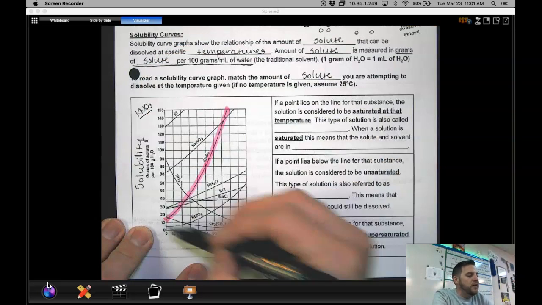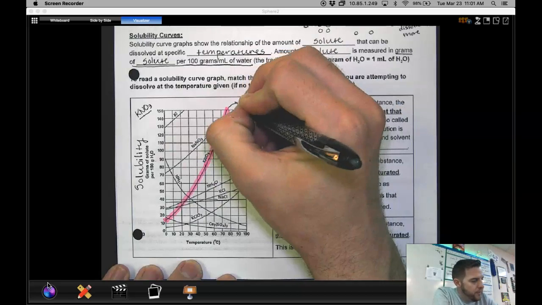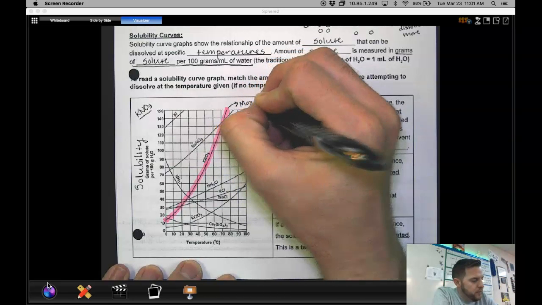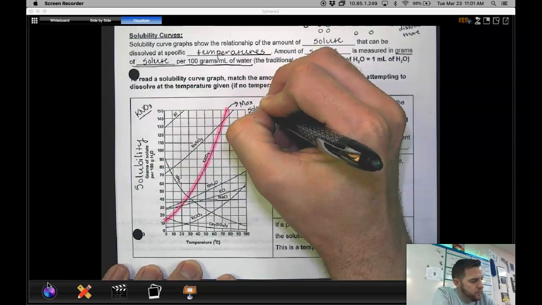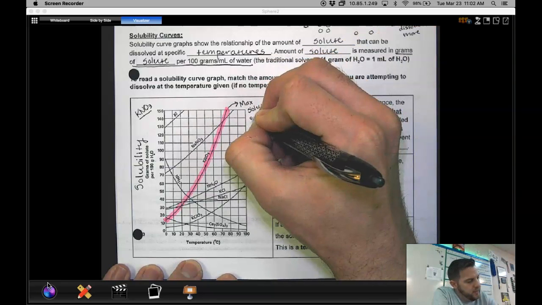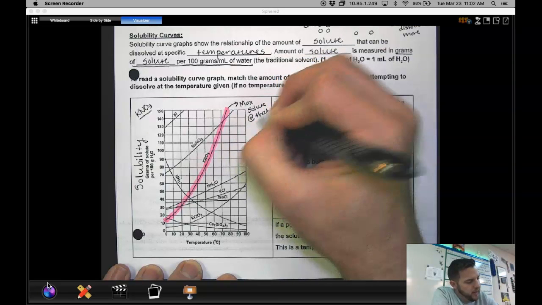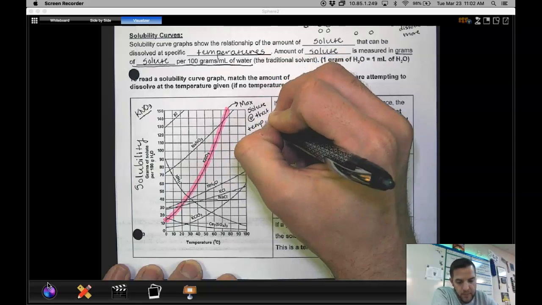We can see there's a lot of different substances on this chart, but for right now, we are just focused on that line that I have just highlighted pink. So this line represents the max solute that can dissolve at that temperature.